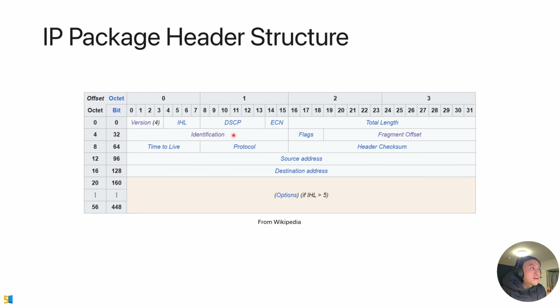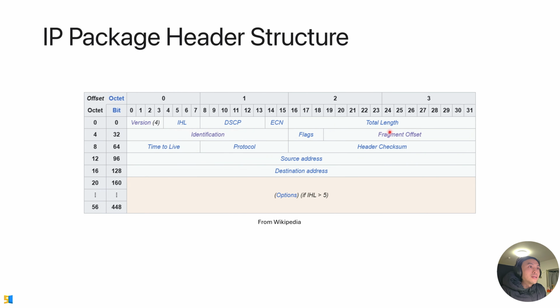Then next we have the DSCP. The DSCP is for the type of the package, like VoIP, for example, voice over internet, and something else. It is used for prioritizing the package. ECN is to notify the sender about congestion. We are going to discuss that in detail later.